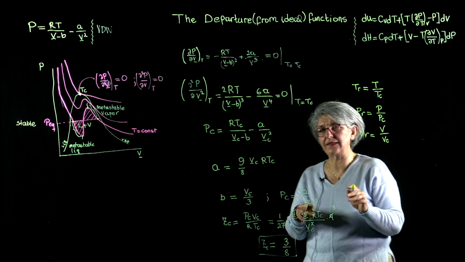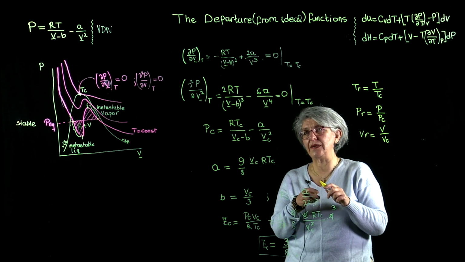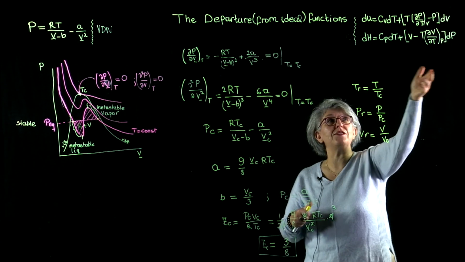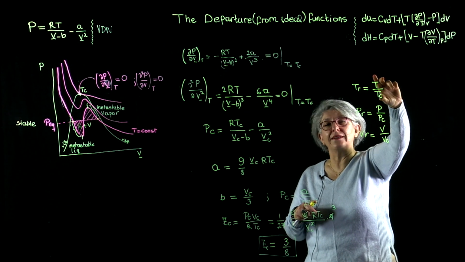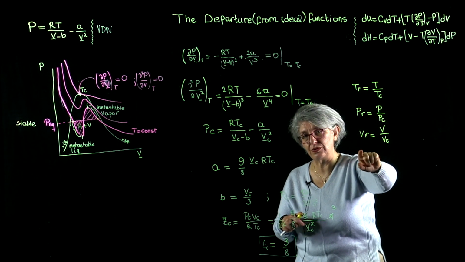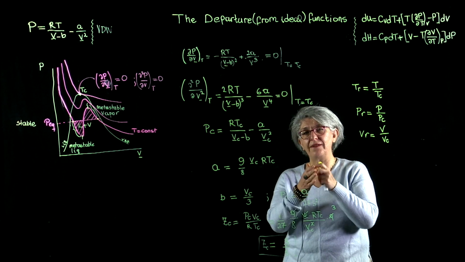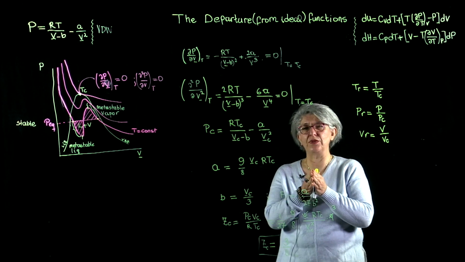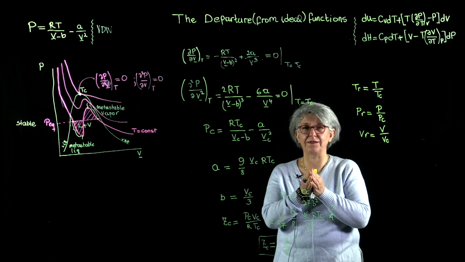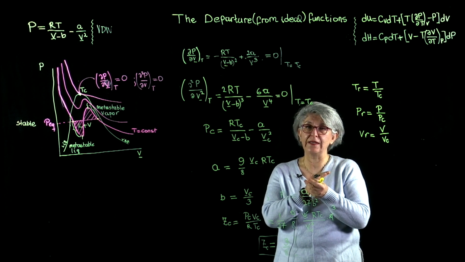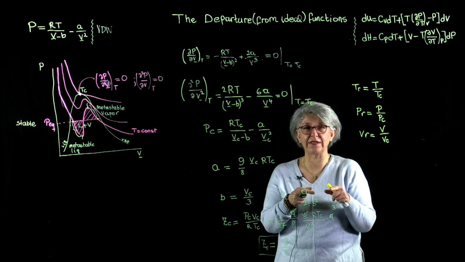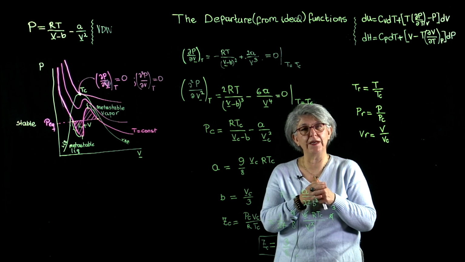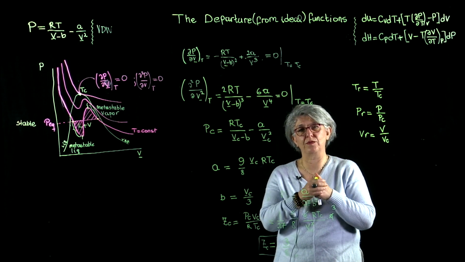Now, given this, if we evaluate the departure functions relative to the reduced parameters, we have a universal diagram that we can use regardless of the fluid, and principle of corresponding states diagrams are available in the textbooks and also on the internet.